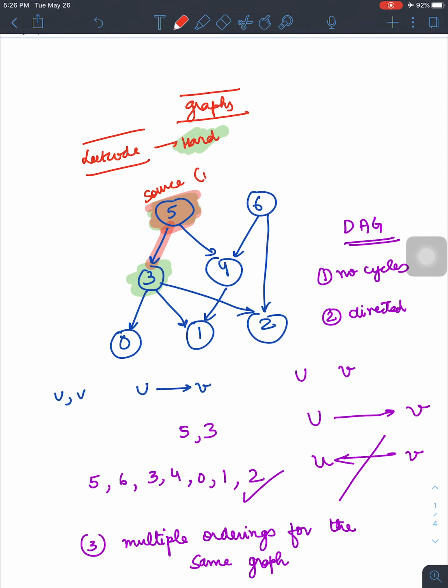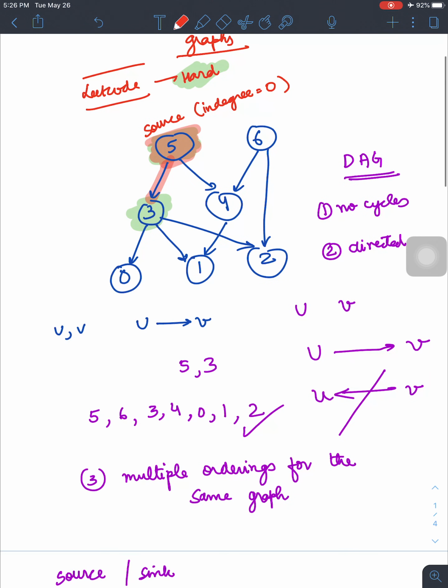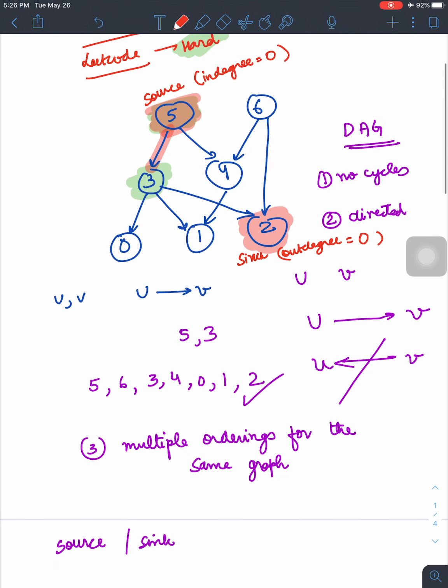Another way that we can say it is that its in degree is equal to 0. Similarly, a sink is the exact opposite. It has incoming edges but no outgoing edges. This is called a sink, and its out degree is equal to 0.